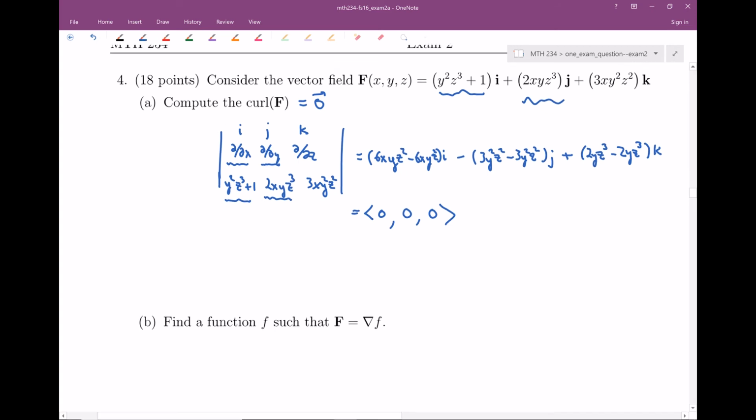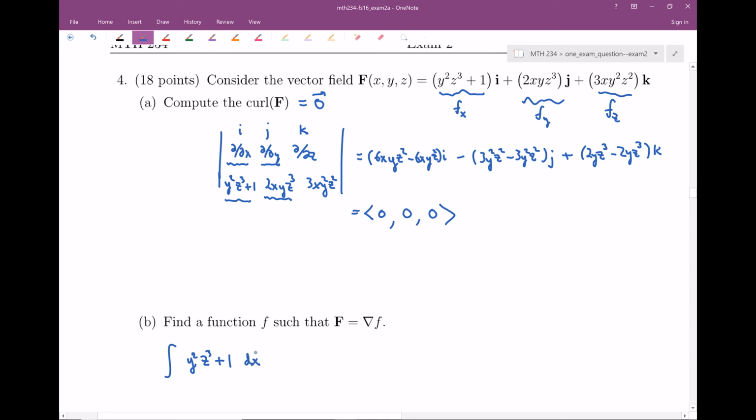Okay, so for the potential function, remember this is going to be f sub x, this is going to be f sub y, this is going to be f sub z. That's the partial derivative with respect to x, the partial derivative with respect to y, and the partial derivative with respect to z. So if I'm interested in finding f, I'm going to go ahead and integrate maybe my first component, my y squared z cubed plus 1.